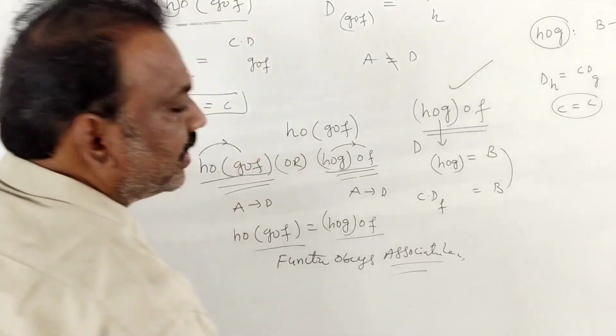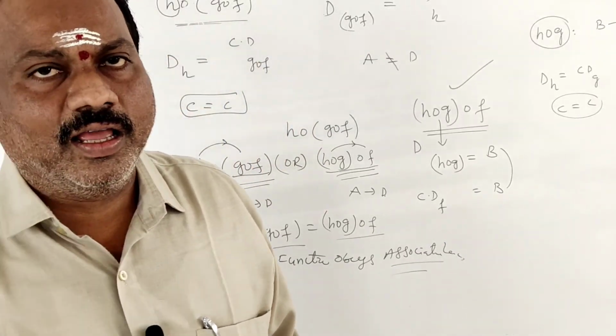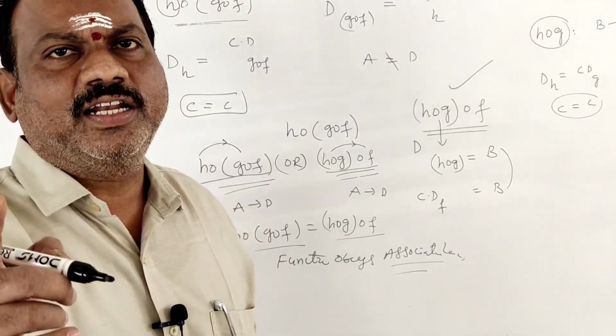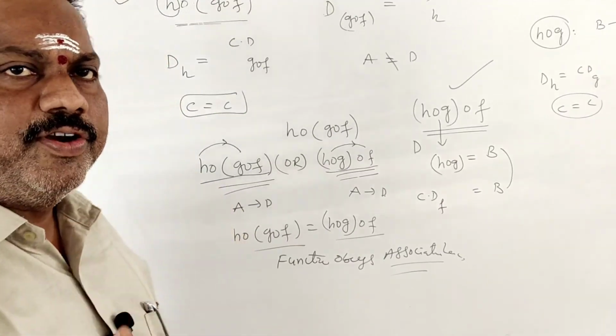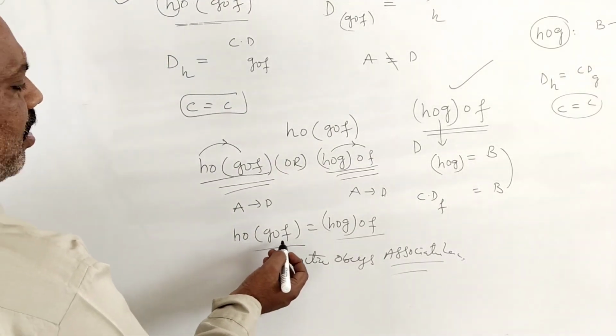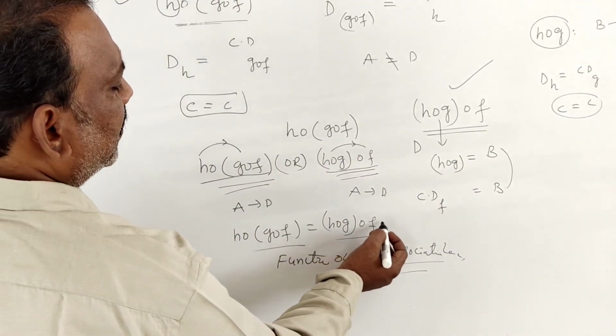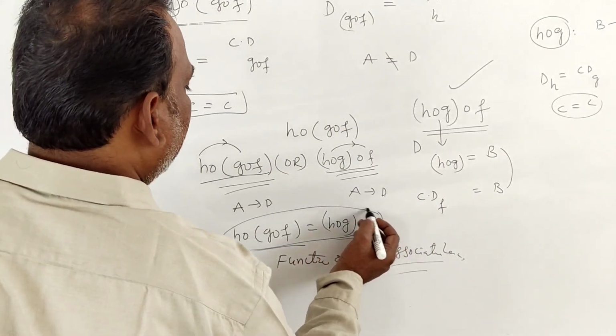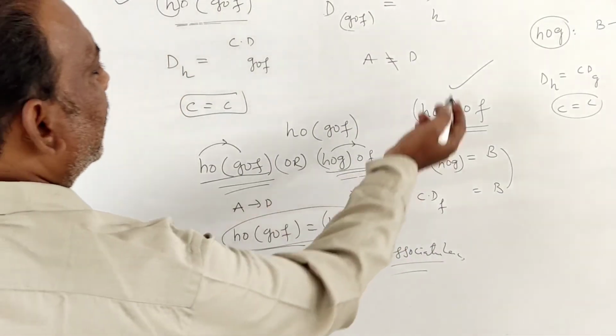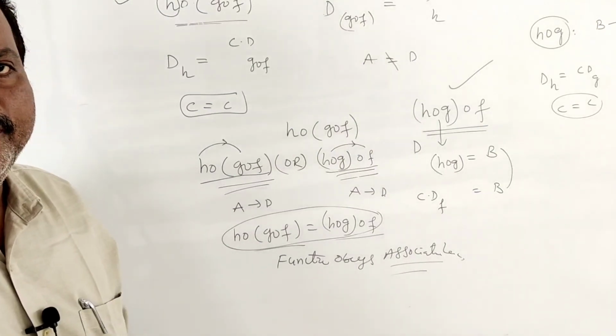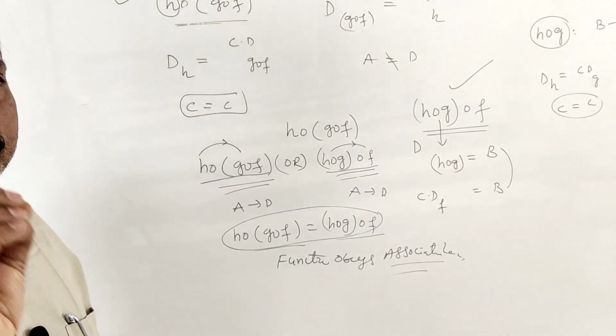But functions do not obey the commutative law. I told you F circle G and G circle F are not equal. But if you take 3 functions, H circle of G circle F and H circle G circle F, you always get the same value. You checked also here. That's why functions obey the associative law.